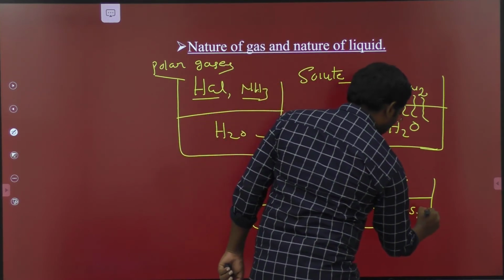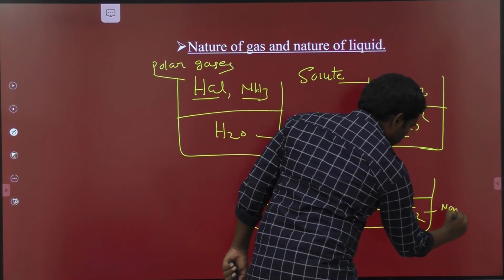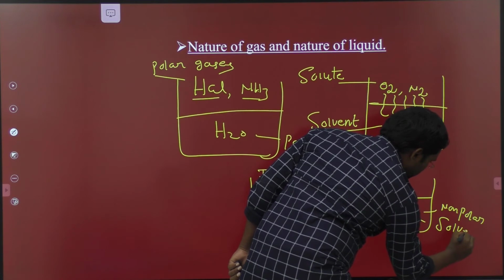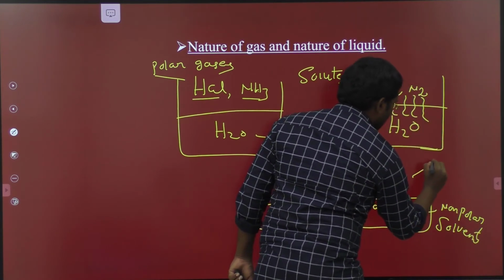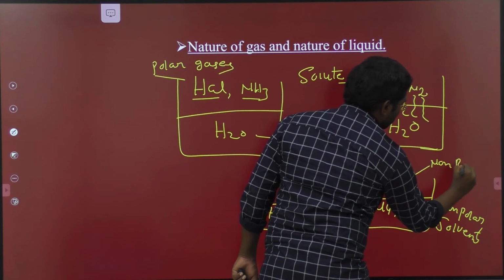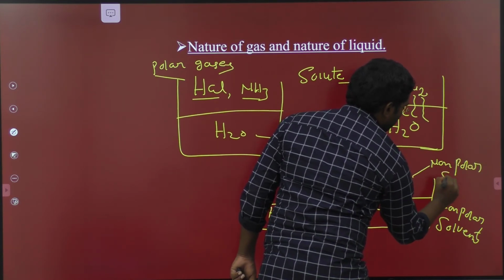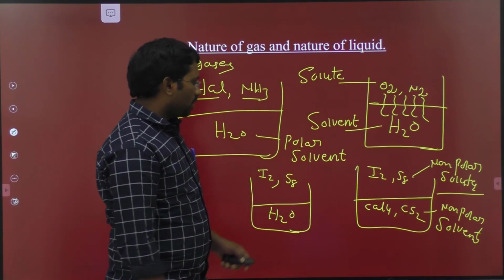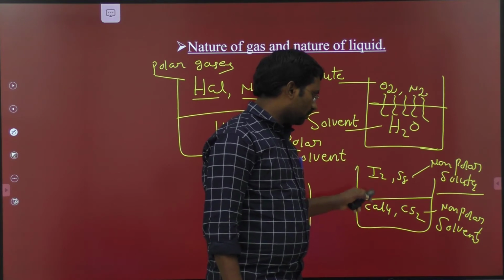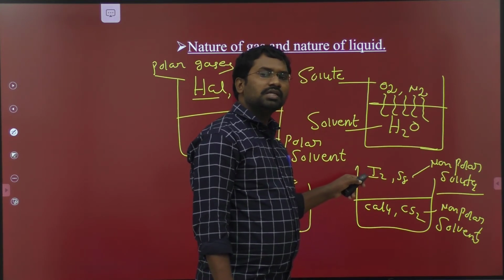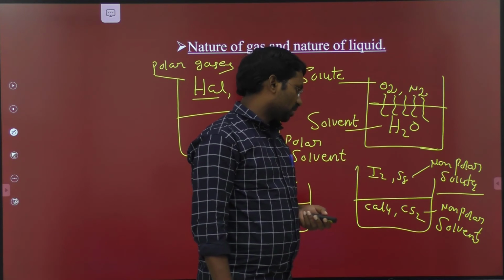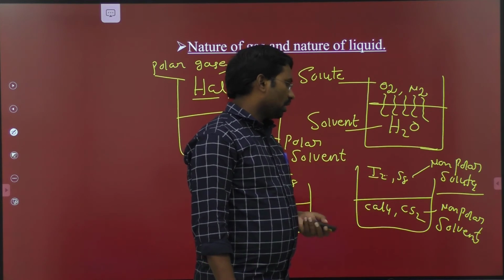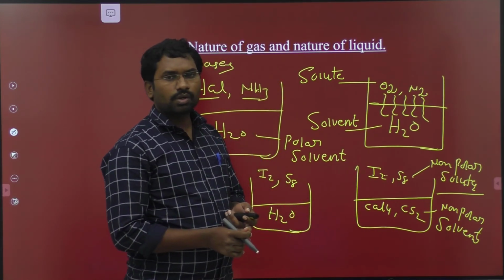These are non-polar solvents, and iodine and sulfur are non-polar solutes. When non-polar solutes are passed into non-polar solvents, they are easily dissolved. Here iodine and sulfur are non-polar, and therefore they easily dissolve in non-polar solvents like carbon tetrachloride and carbon disulfide.